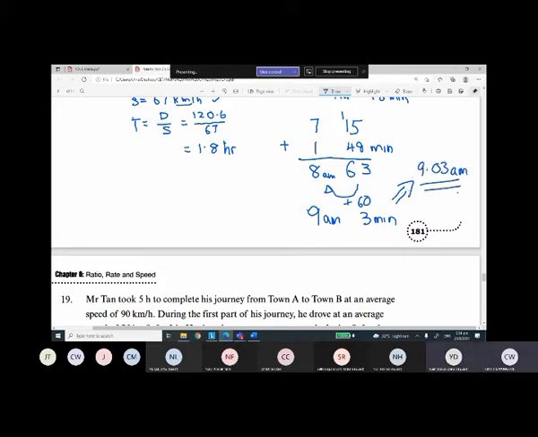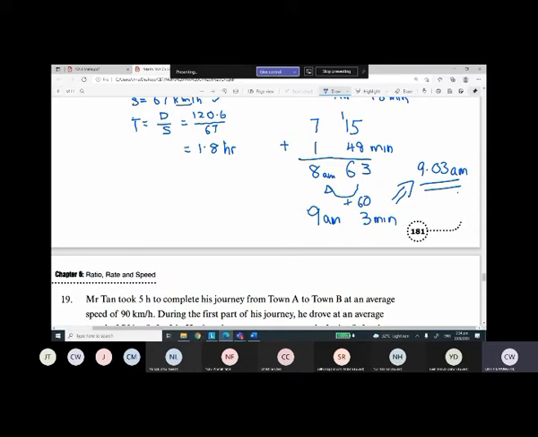So that's the answer, Mr. Wong. Because minutes cannot exceed 60, you take 63 minus 60, remainder 3, 9:03, right? But the 60 you must carry to 1 hour. You cannot tell people he reached the office at 8 a.m. and 63 minutes.